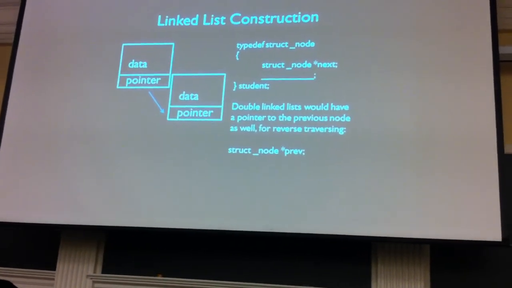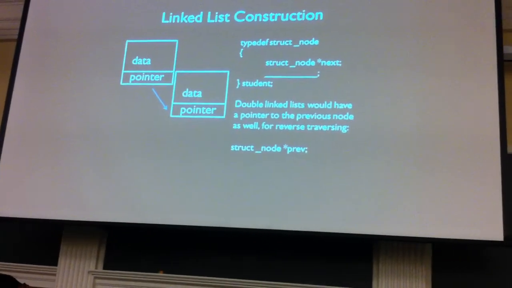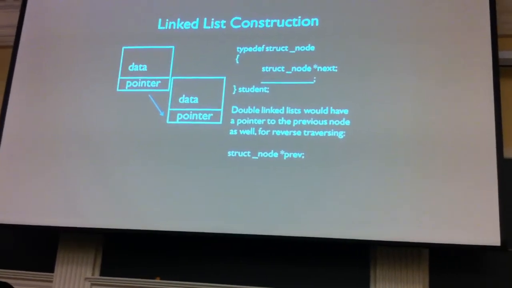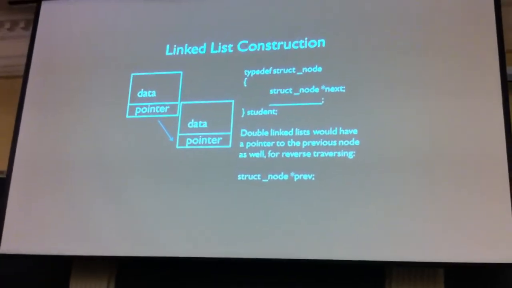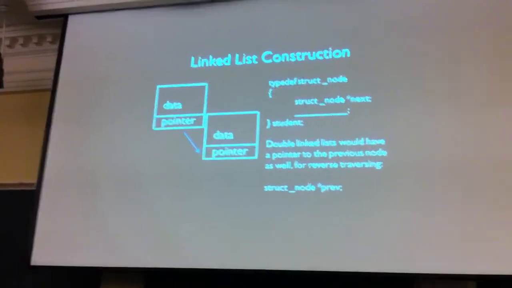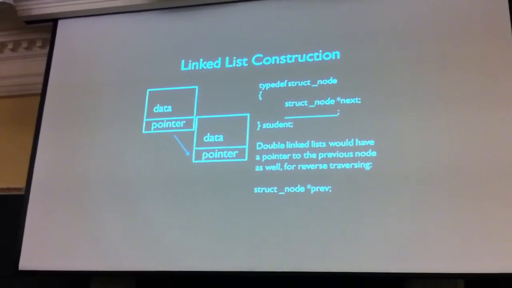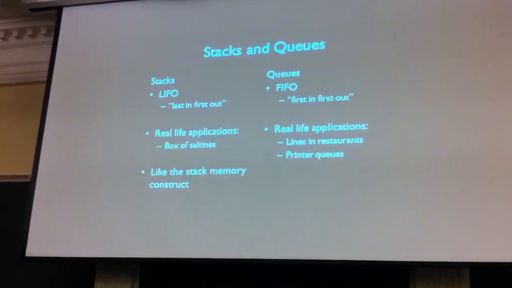If you had a student node, for example, you would have typedef struct node, next, and then you would have something like int ID, string name, int phone number, and then at the end you would call it student. And you can link them together and put them together in a massive list.